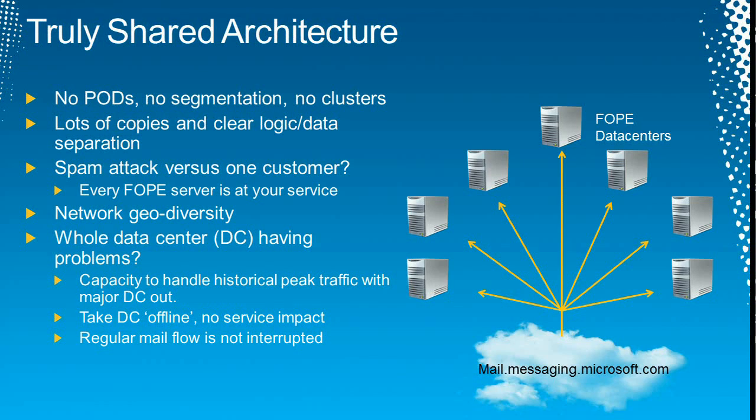That can go offline for a disaster reason. That could be planned offline. The mail keeps flowing, the network uptime stays there, the SLAs are guaranteed. We're capacitized, we're in some sense over-capacitized. We can take our largest data center offline and handle our historical peak of mail volume with room to spare.